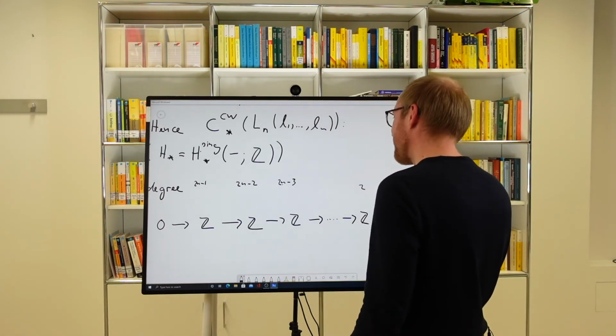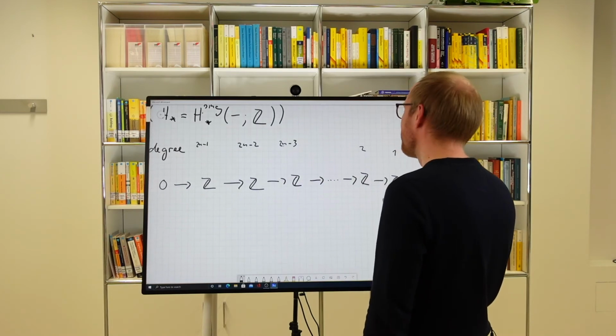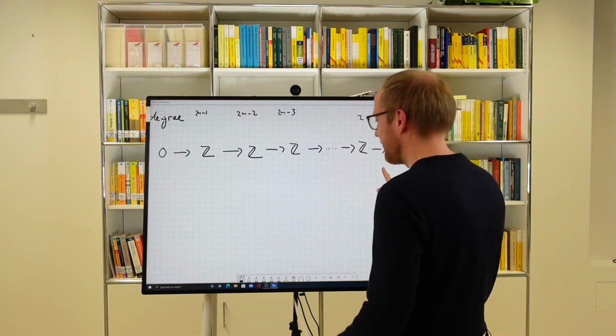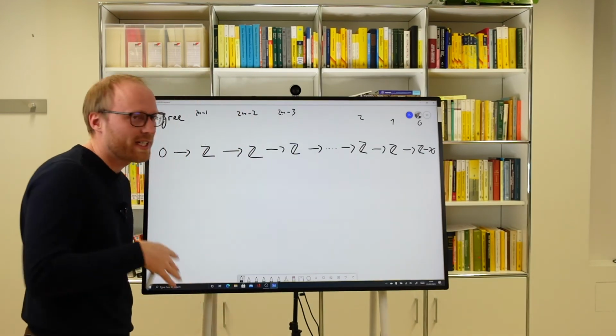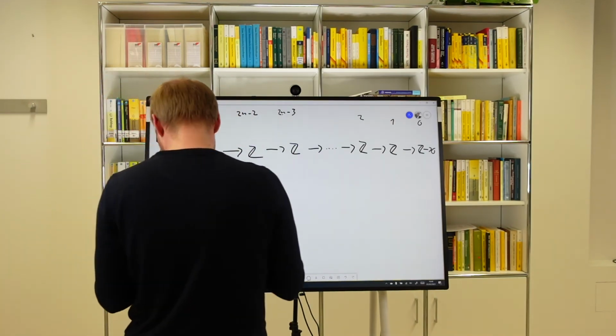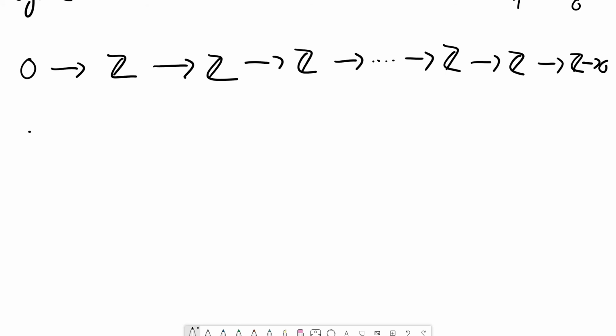Okay, so these are the chain modules, and we still need to find the boundary maps here, and these were defined in terms of the attaching maps of the cells. And let's look at the attaching map of the 2n-1 dimensional cell.